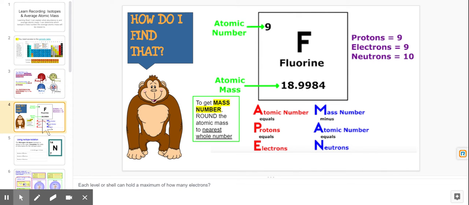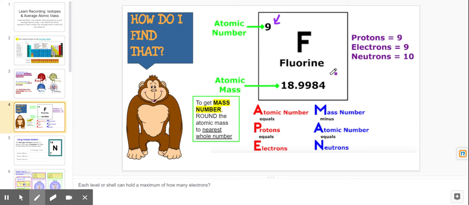A very, very quick review of the atomic number and mass number. The proton number equals the atomic number. When we go to our periodic table, we find 2 numbers there. The whole number is the atomic number. The atomic number equals the number of protons.